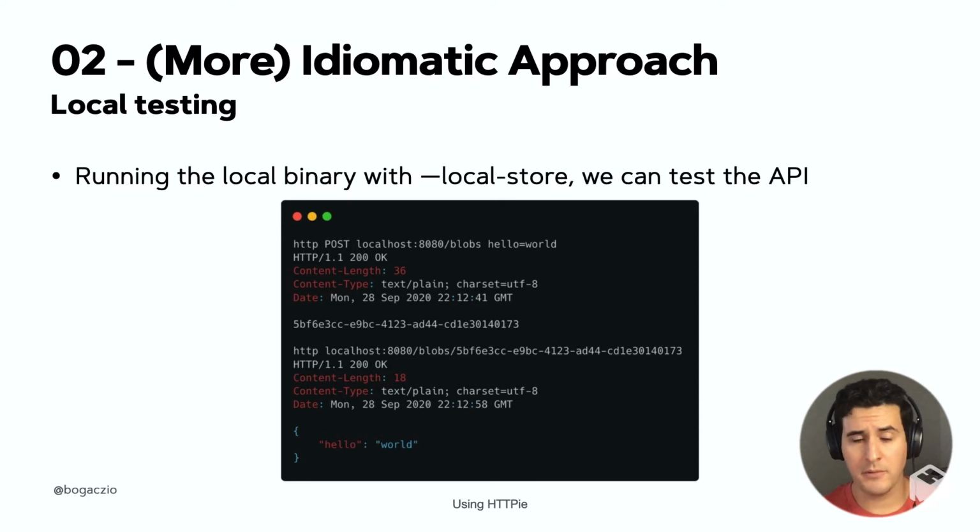So for example, here we build a local binary, hosting it on port 8080, and we can easily just call it with some random payload. We get an OK. It gives us our UUID back. We use the UUID to retrieve the object. It's what we expect.